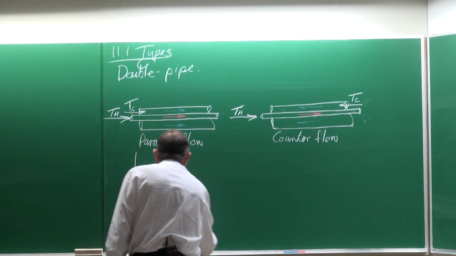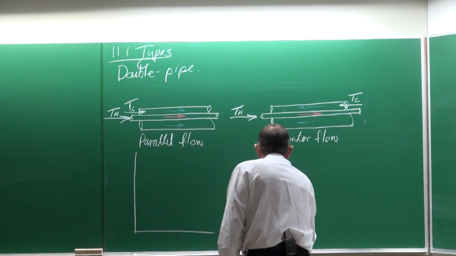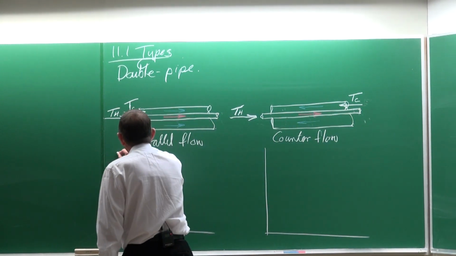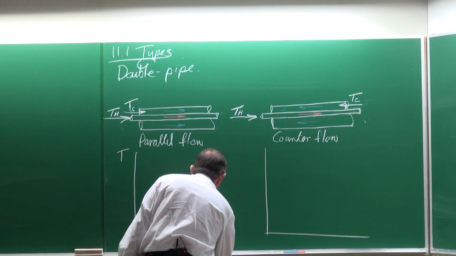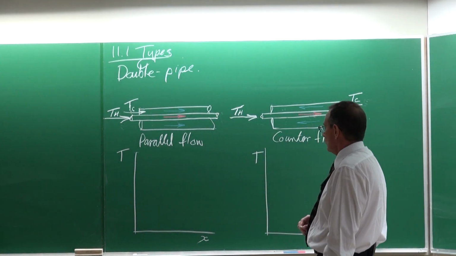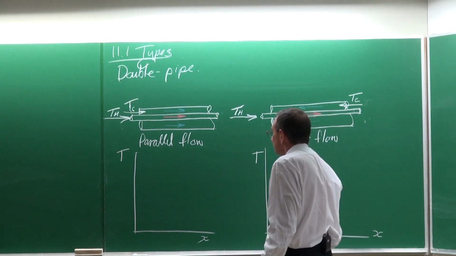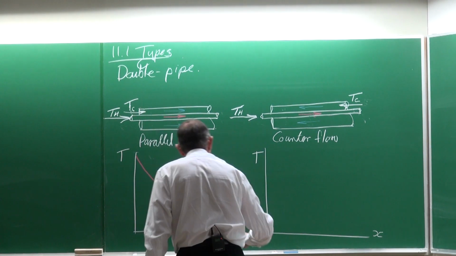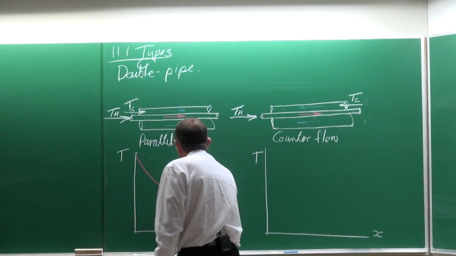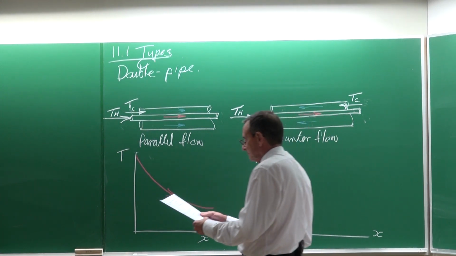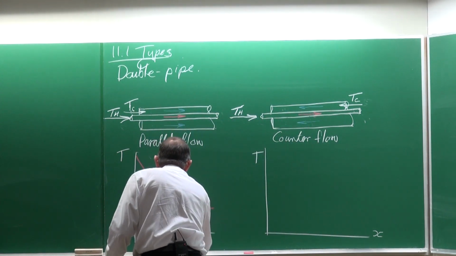These two types of configurations have totally different characteristics in terms of the temperature as a function of X. With a counterflow heat exchanger, this hot fluid temperature is going to decrease like that, in that direction, while the cold fluid temperature is going to do that.